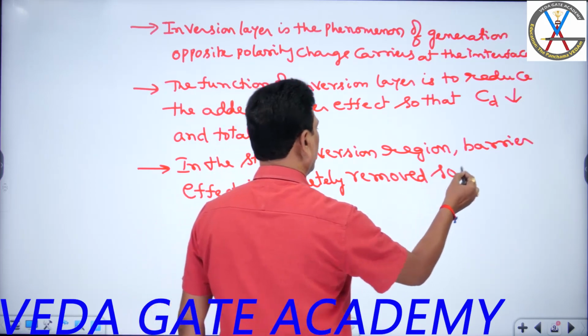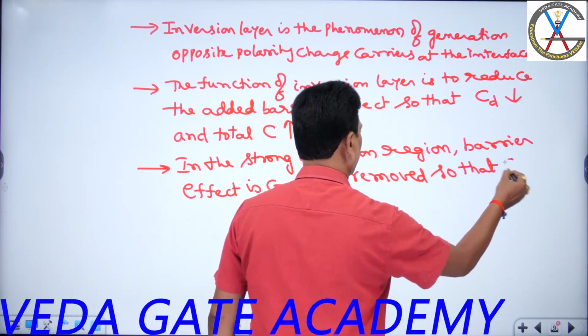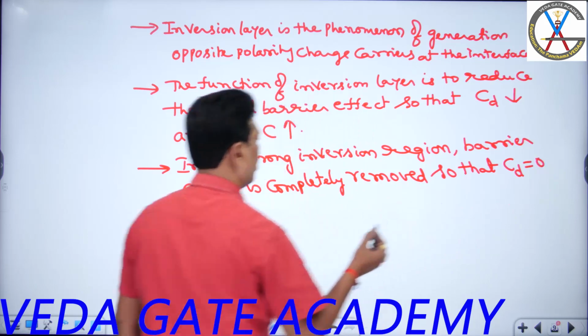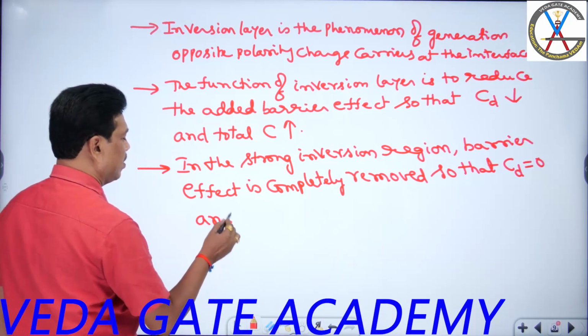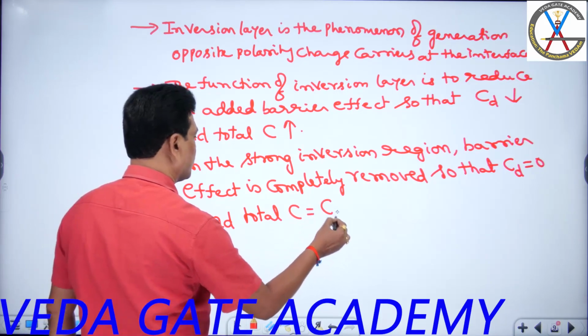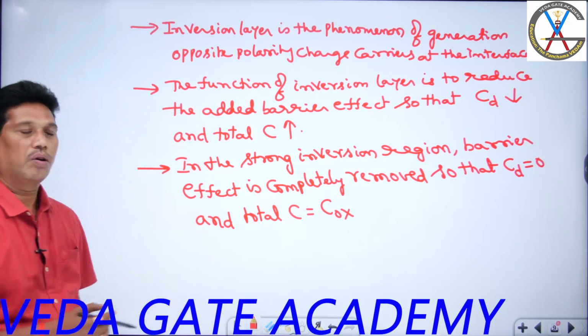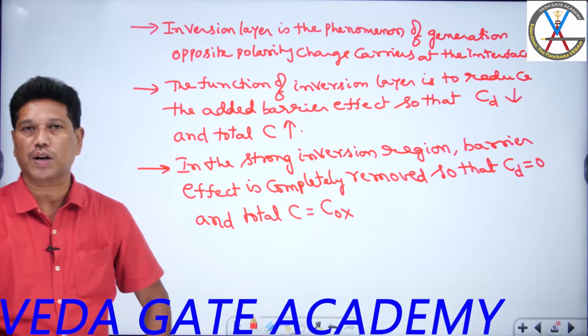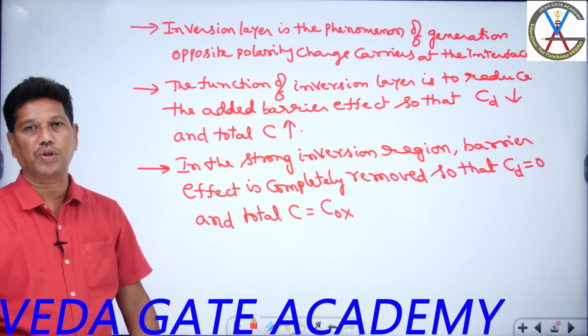So there is no depletion capacitance, sir, CD equal to 0, and the total capacitance C equal to C oxidation. Total capacitance C becomes only C oxidation, sir, not the barrier capacitance, that is 0, right?